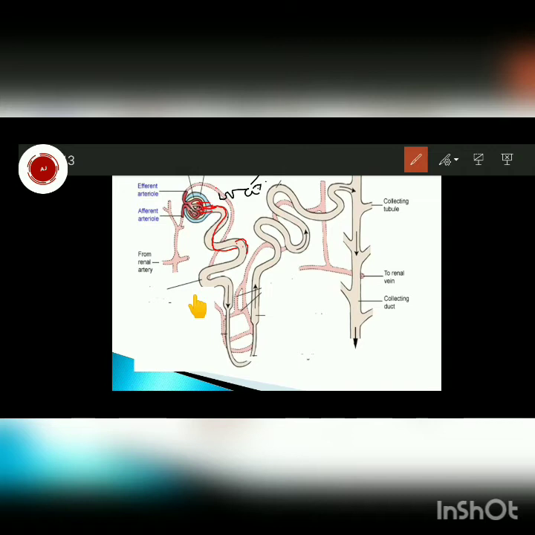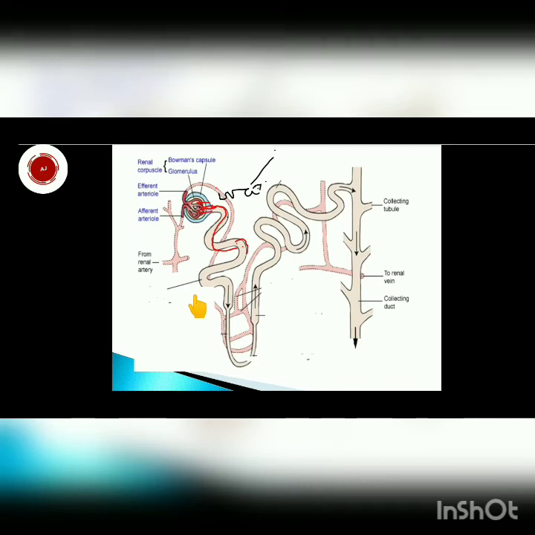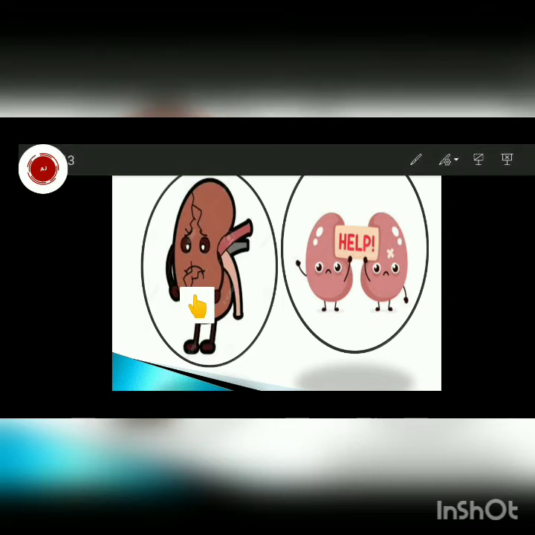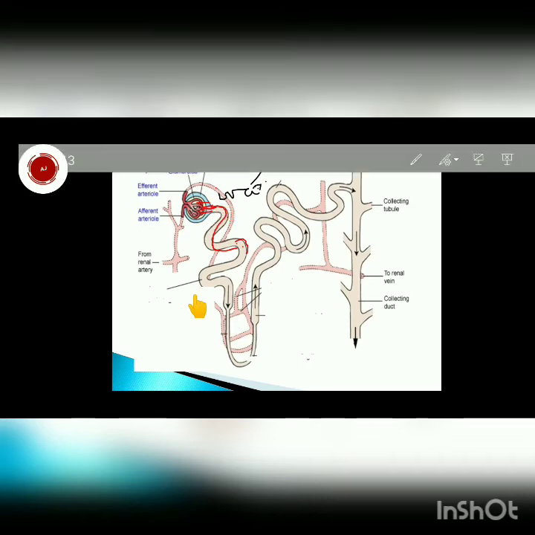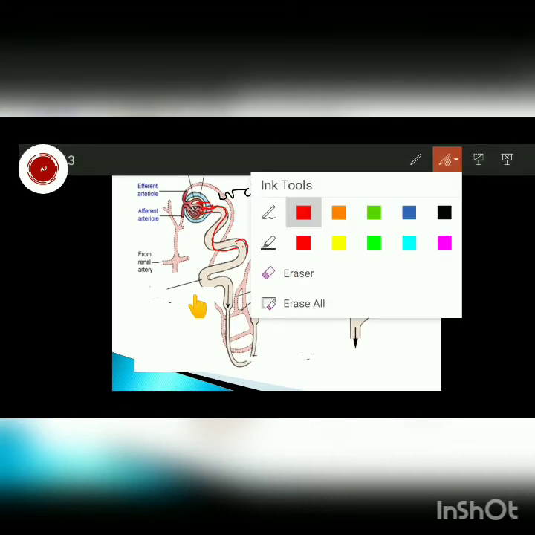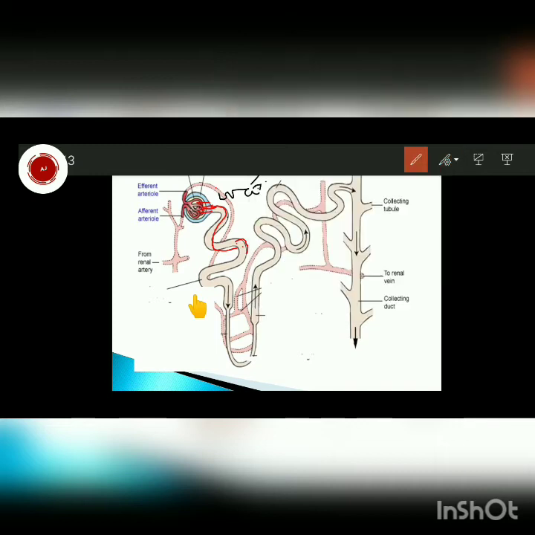So it moves into the tubule. Okay, when it moves into the tubule, now it has nutrients also.